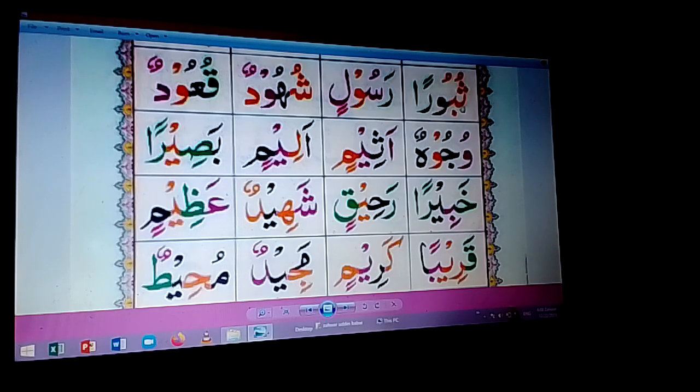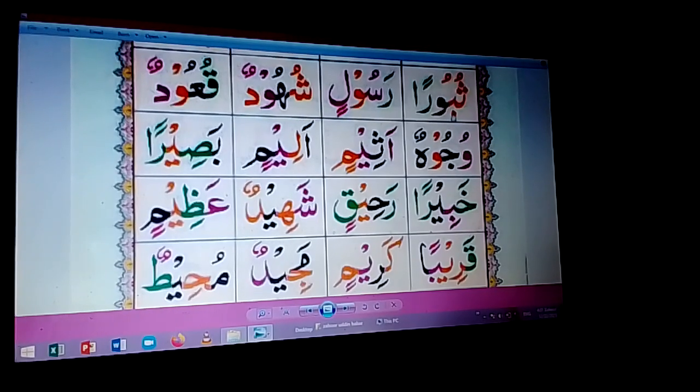There should be waw silent, and the letter before waw must have dhamma. Like the example here, you can see ba has dhamma, and this ba is followed by waw madda, waw silent. That's why ba would be longer.